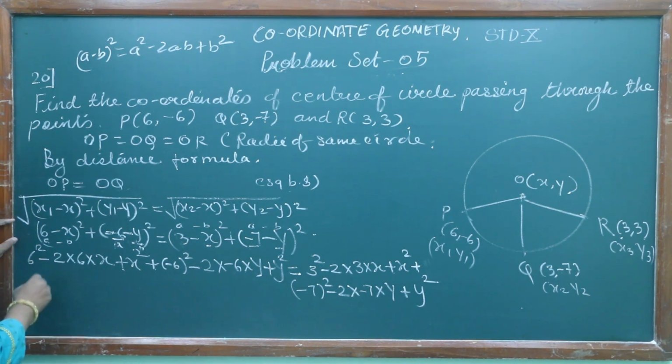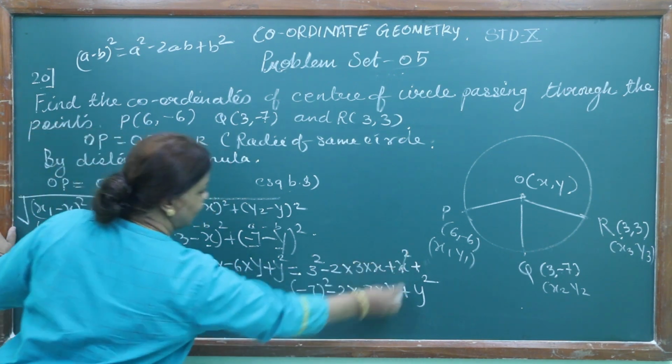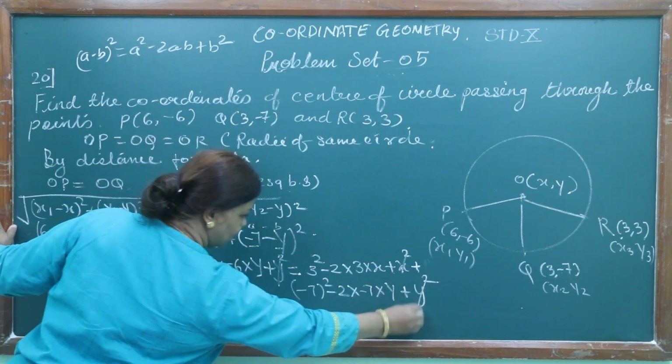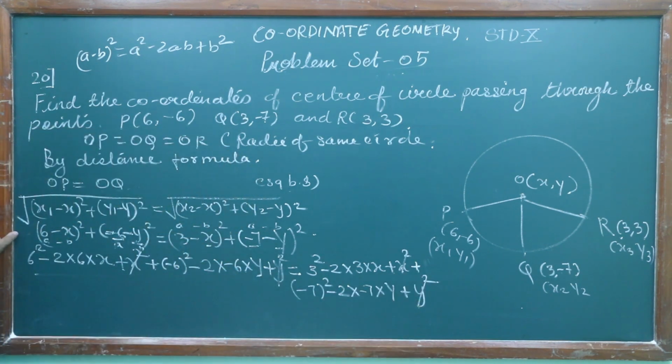Now whatever is getting cancelled, please cancel. See here, x square and x square will get cancelled. y square and y square will get cancelled. What will be left?